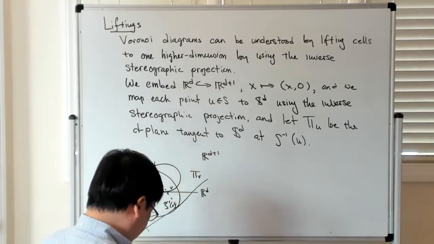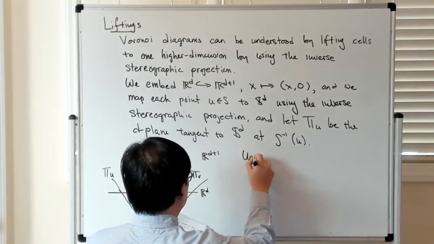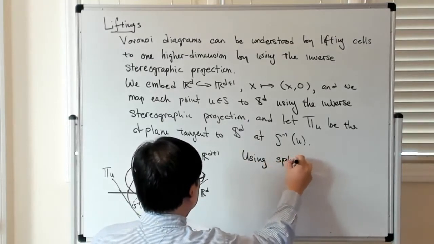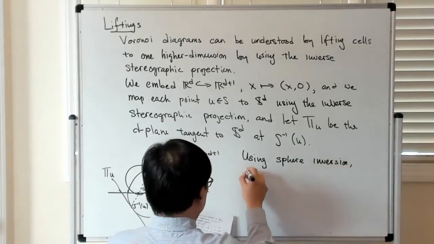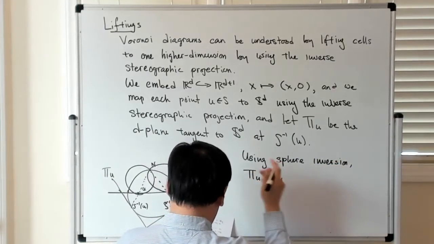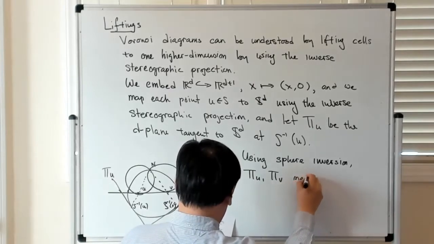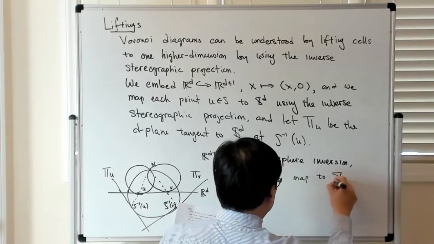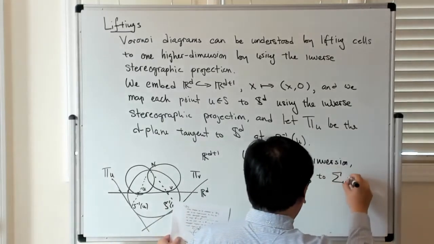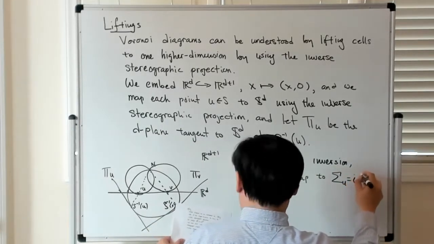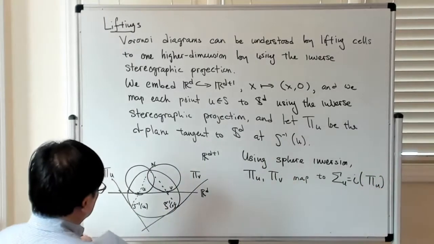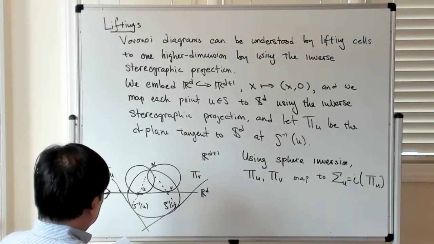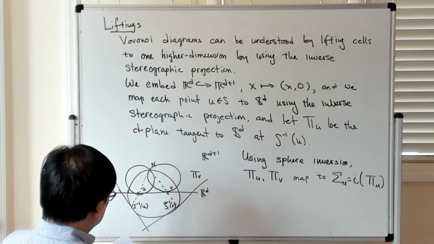So using sphere inversion, pi_u and pi_v map to, let's call that sigma_u, which is the inversion applied to pi_u, right?